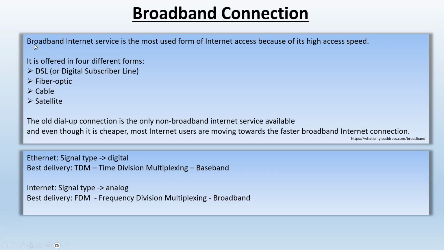So let's say broadband internet service. And I said that it's the most used form of internet access because of its high access speed. Now we have signals in the range of 30 megabits, 60 megabits per second. High speed.